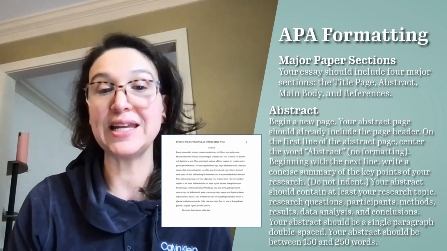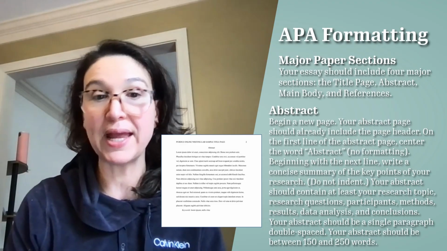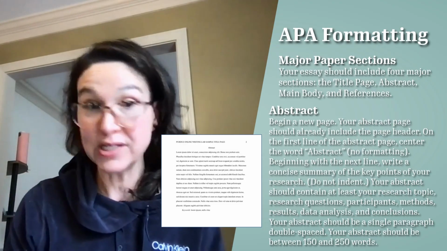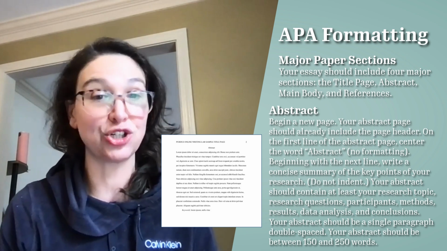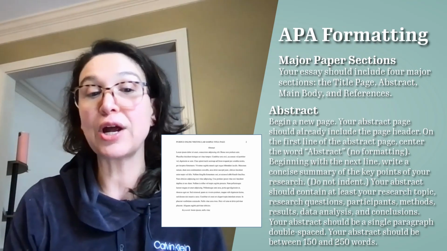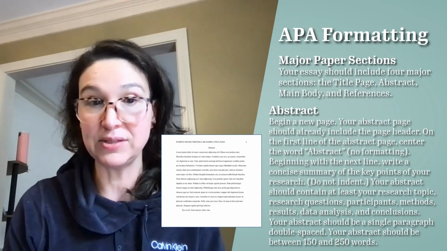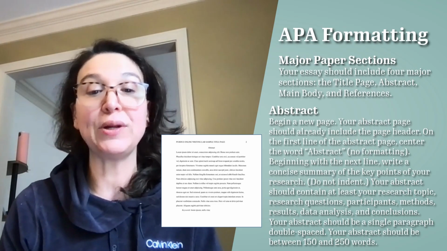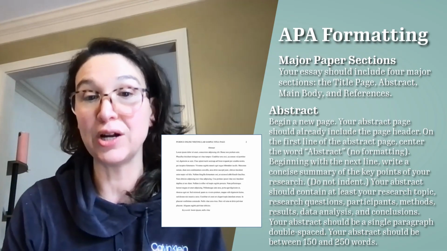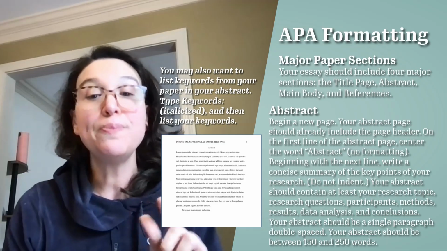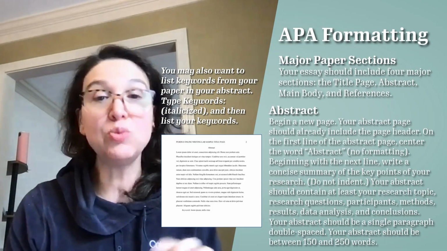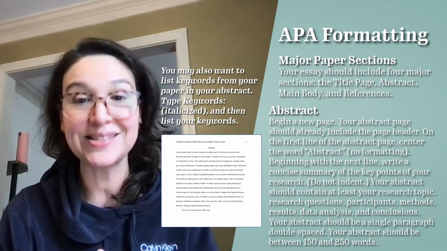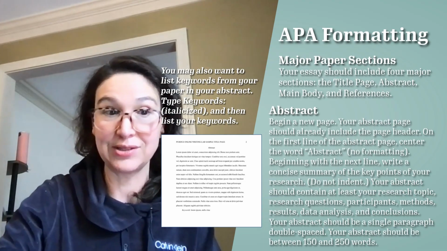Your abstract should contain at least your research topic, research questions, participants, methods, results, data analysis, and your conclusions. Your abstract should be a single paragraph, double spaced, and it should be between 150 and 250 words. You may also want to list keywords at the bottom. You would type keywords in italics and then list those keywords.